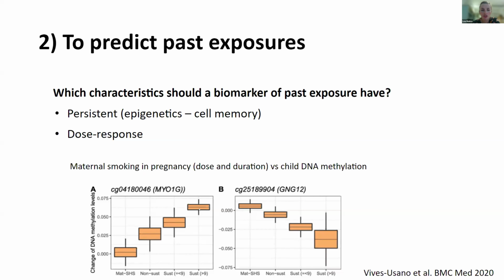For example, here I'm showing an example of epigenetic markers for prenatal tobacco smoke exposure, and we can see a clear dose response in the Helix study between different levels of tobacco exposure, from second-hand smoking exposure to sustained exposure to direct active exposure.